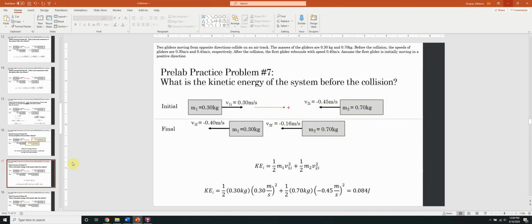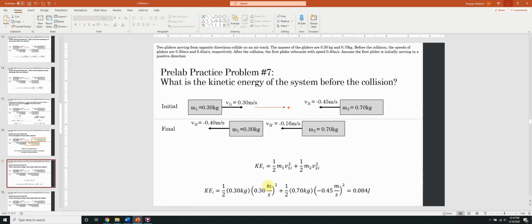Problem number 7. What is the kinetic energy of the system before the collision? All right, so we know that the initial kinetic energy is equal to 1/2 m1 v1 initial squared plus 1/2 m2 v2 initial squared. So when we plug in our values, we have 1/2 m1, which is 0.3 kilograms, times v1 initial, which is 0.3 meters per second.